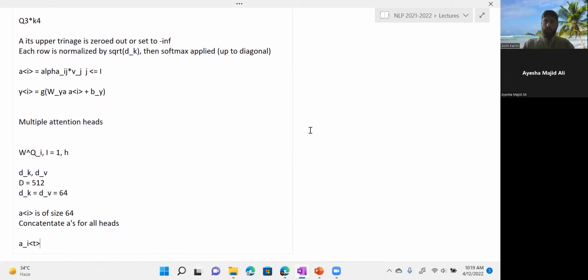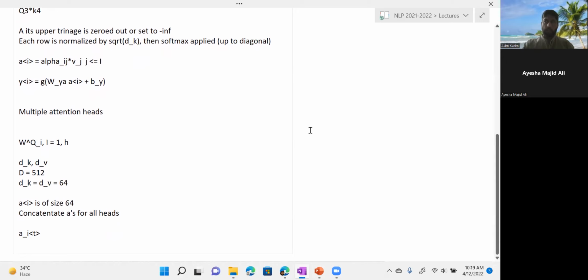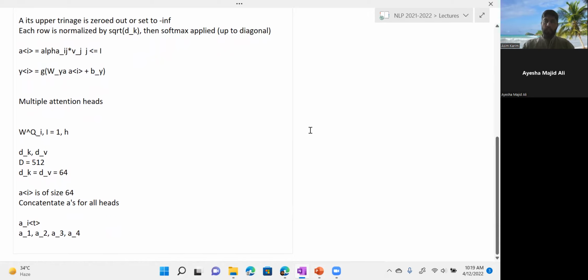So for the Tth position, the ith head would give you an output A. So let's say we have 4 heads. तो आपके पास A1 होगा for the Tth position, you have A2 होगा, आपके पास A3 होगा और A4 होगा. इन सारों को concatenate कर देंगे to give you A at position T by concatenating all A's. ठीक है?